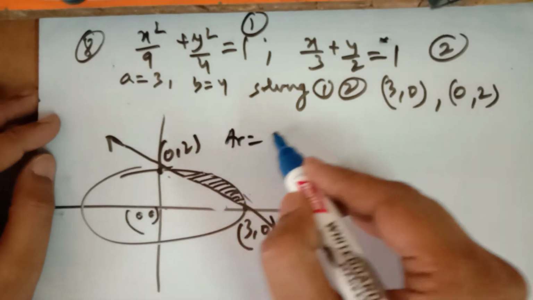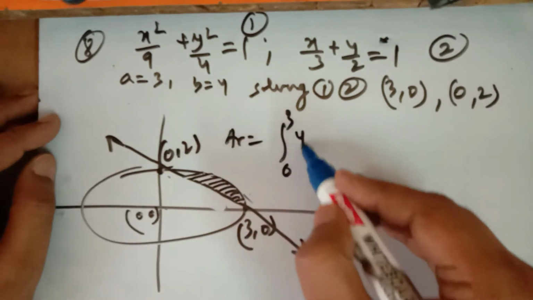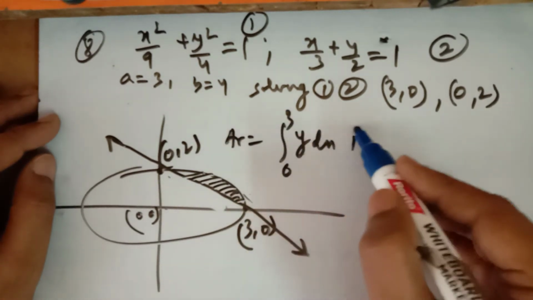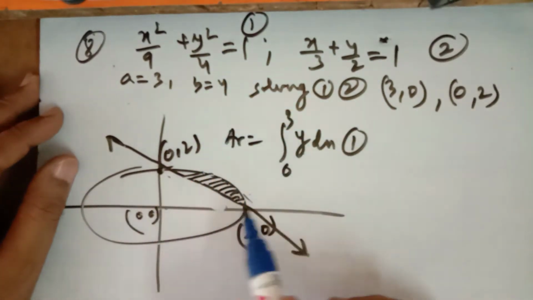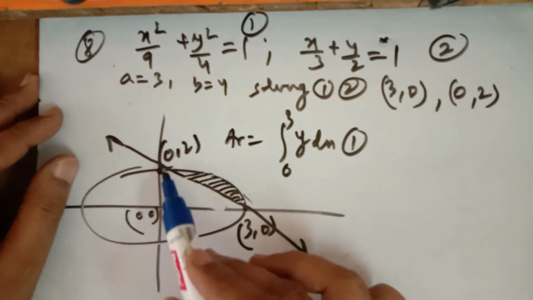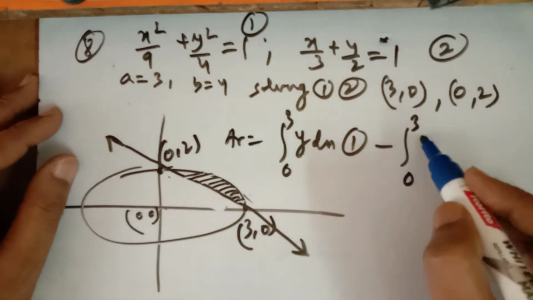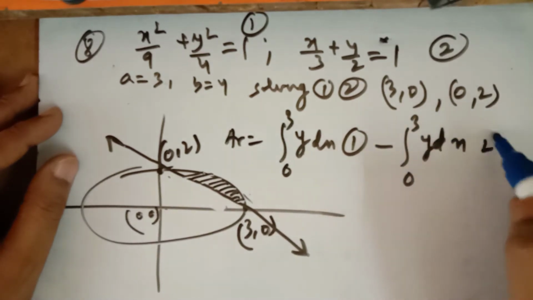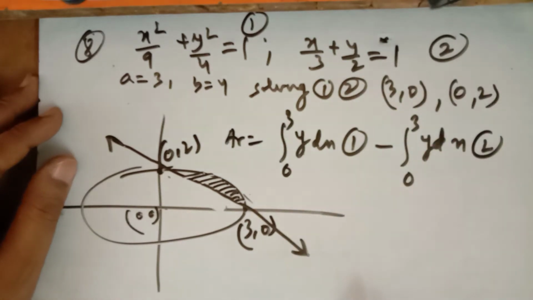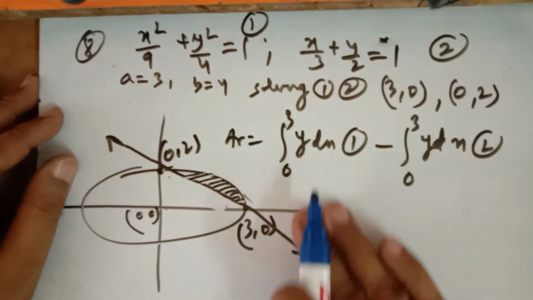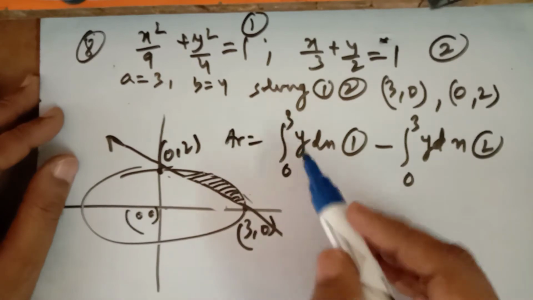So it will be the integral from 0 to 3 of y with respect to x of the ellipse. Find the area of the ellipse from 0 to 3. You'll get this total area. This extra area is touching the line, so you subtract the integral from 0 to 3 of y with respect to x of the line, which is this.